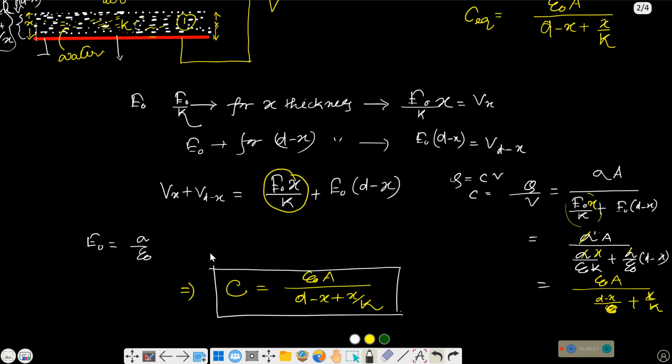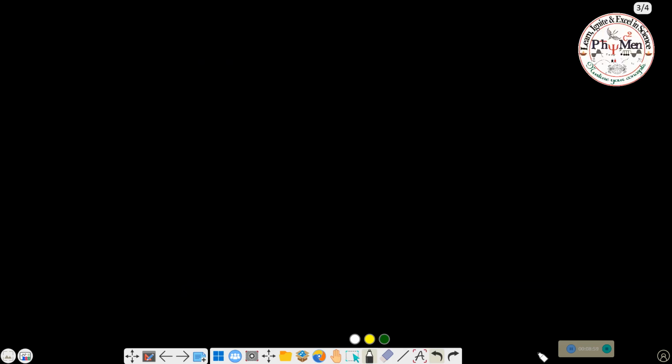Now we have got C equivalent as epsilon naught A by d minus x plus x by k, where k is the dielectric constant of the medium. Now what was our U?